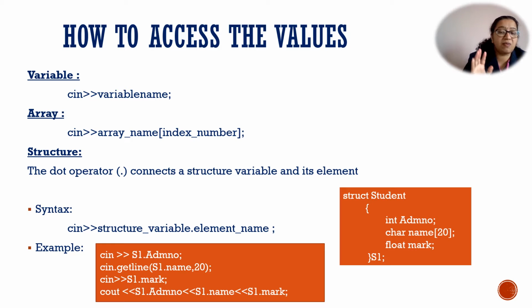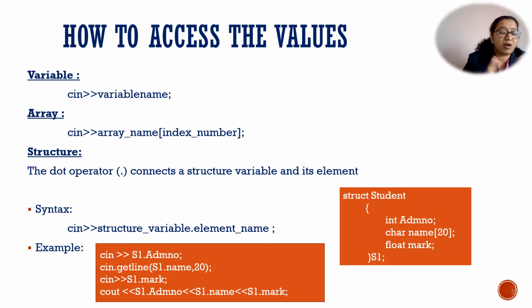Okay, so here one example is struct student, int admno, char name of 26, float mark, and the variable of the structure is s1. So how can we input and display it? So here see s1.admno. Why are we using s1.admno? admno is the element of the s1 block.